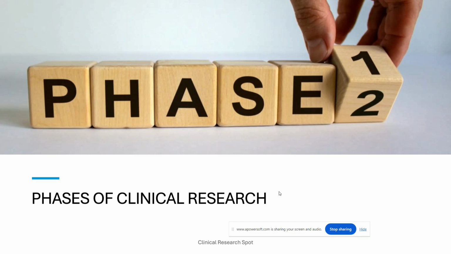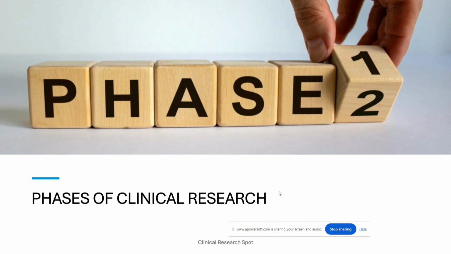Or does it work in some people who are not helped by the current treatments? Is the new treatment safe? Is this treatment better than the standard treatment given for the disease condition? So clinical trials help to show if a new drug or a new treatment combination works better than what is used now.